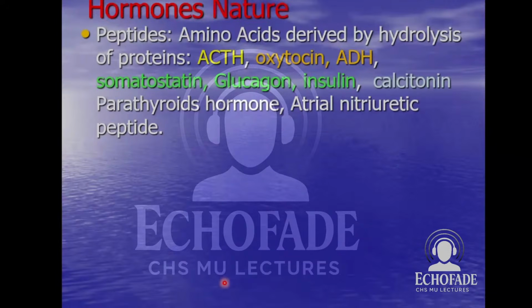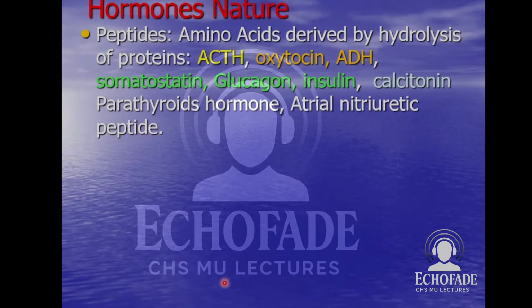We have the pancreatic hormones, glucagon and insulin, all produced by the pancreas. We have calcitonin, produced by the C cells of the thyroid gland. We have the parathyroid hormone, produced by the parathyroid gland.